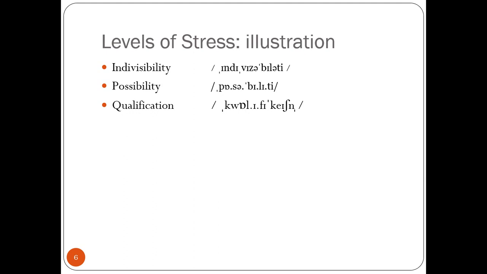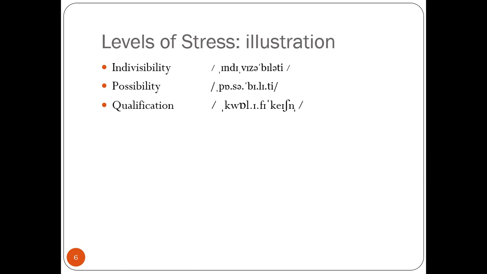It is not the primary stress, but rather the secondary stress. Then we have the 3rd syllable, V, and this is the tertiary stress, which we said earlier is really difficult to identify.